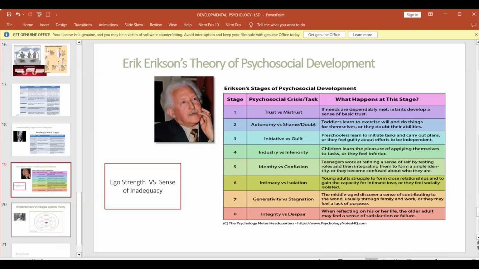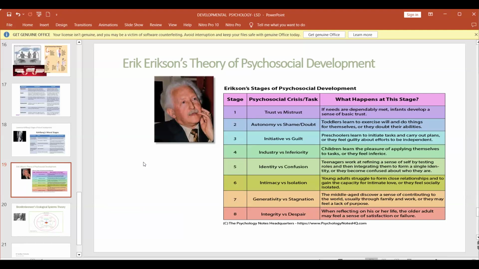Yes, madam. Okay. Now, Erik Erikson also belongs to the psychoanalytic school of thought. So he is also a follower of Sigmund Freud, and he also believes in the conflicts in childhood stored in the unconscious mind, and they affect the adult personality. He also believes in that.